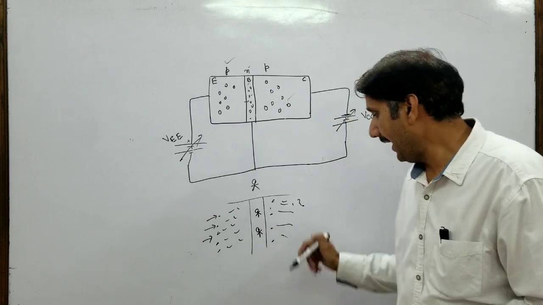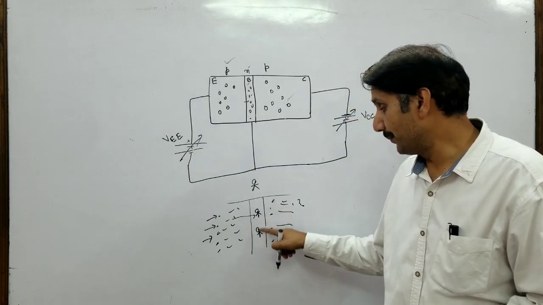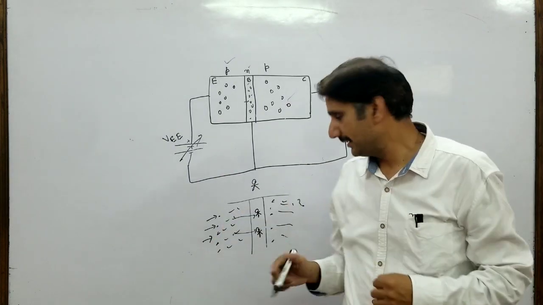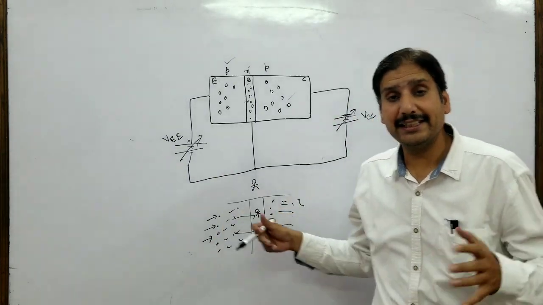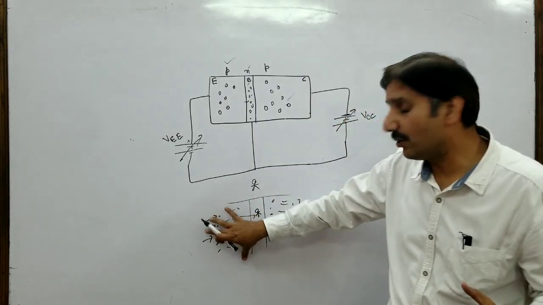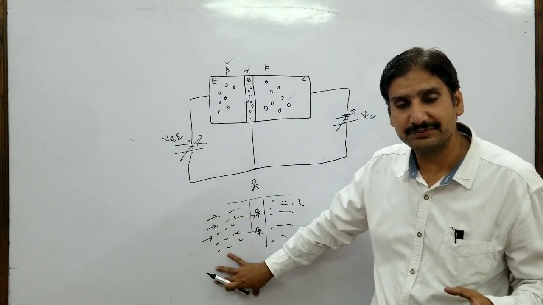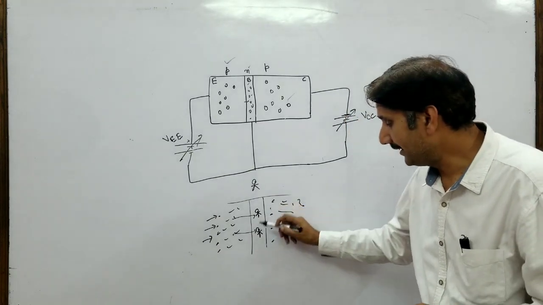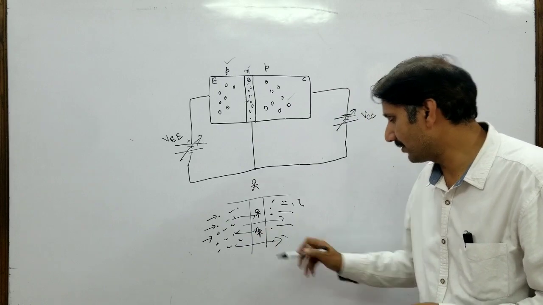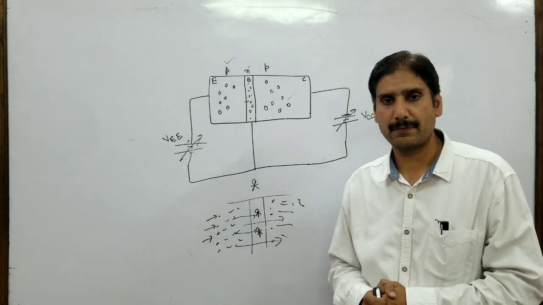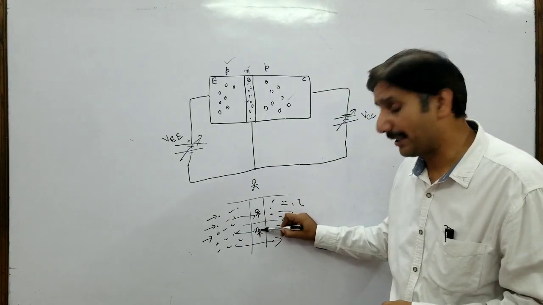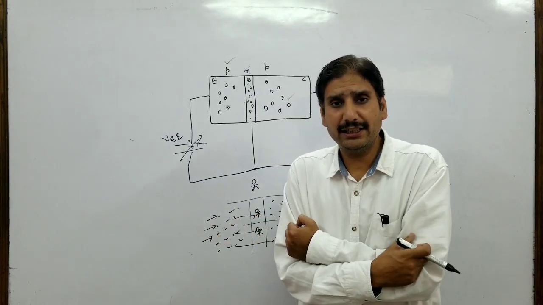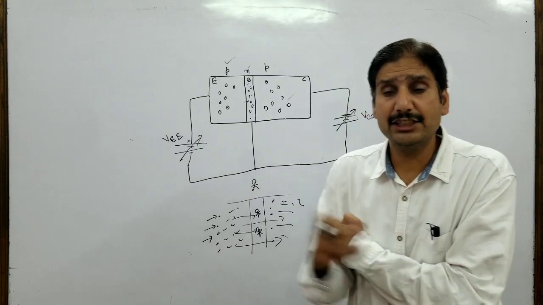What will happen? As they try to cross over, the policemen try to stop them. They just hold on to them. But since there are not enough policemen, they cannot hold on to all those 100 people. So only 2 or 3 people would be caught by these policemen, and the remaining will cross over to the next region. As these policemen are holding on to these people, they are now immobile because they cannot catch anyone else.